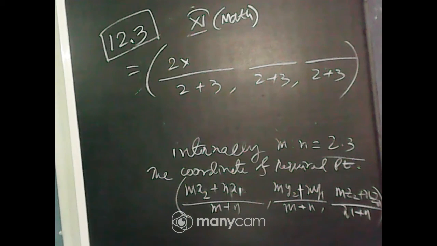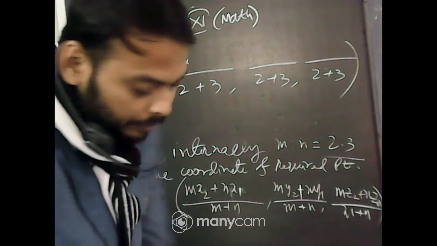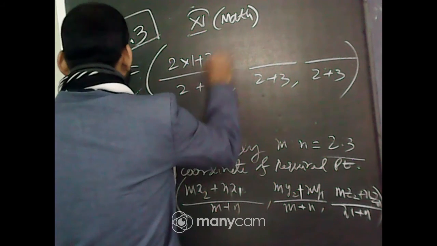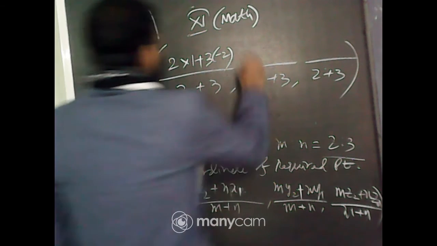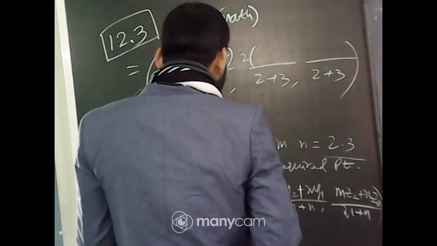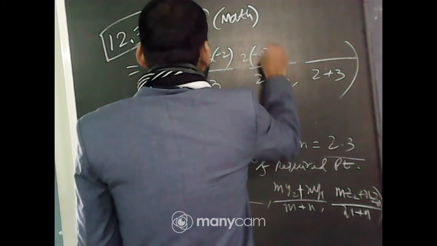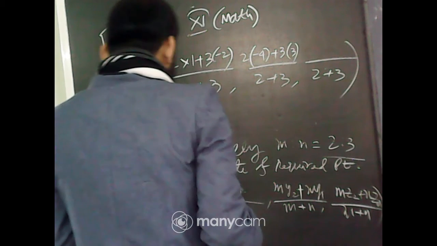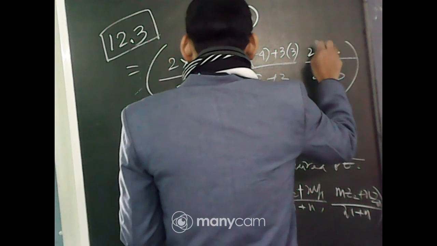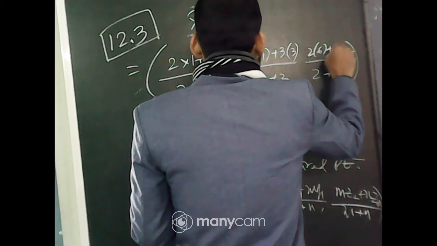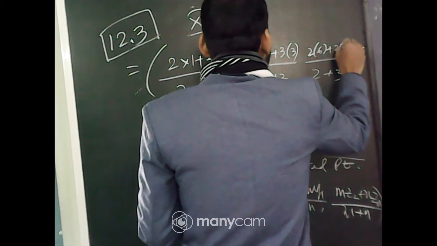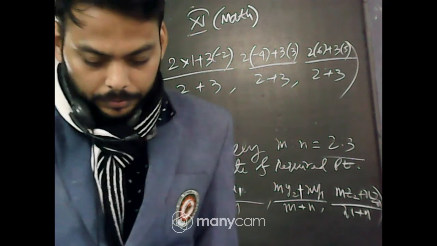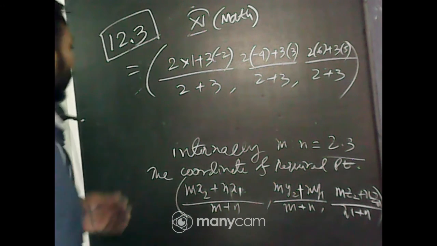In the numerator, first of all 2 into 1 plus 3 into minus 2, then 2 into minus 4 plus 3 into 3, 2 into 6 plus 3 into 5. Isn't it? You do the calculation.